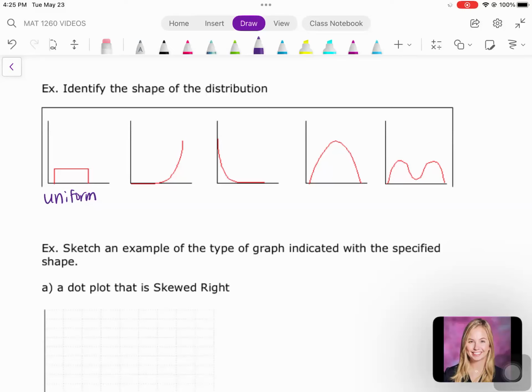Our next graph has that tail towards the left, so this is going to be skewed left. The next graph has that tail on the right, so skewed right. This next is that bell shape, so we're actually going to call this normal.